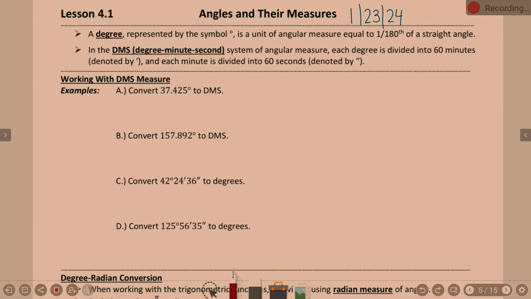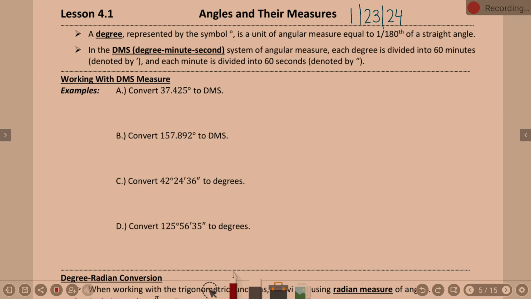A degree, represented by the degree symbol, is a unit of angular measurement equal to 1/180th of a straight angle. Because what are there in a circle? In a circle, there are 360 degrees in a circle, yes. What's a straight angle?